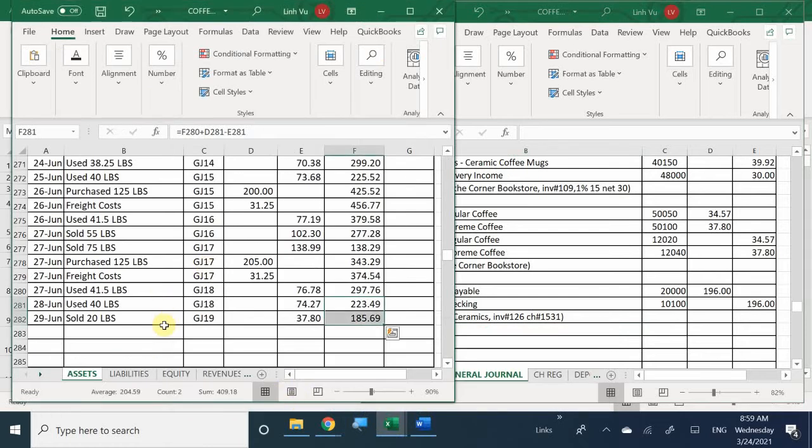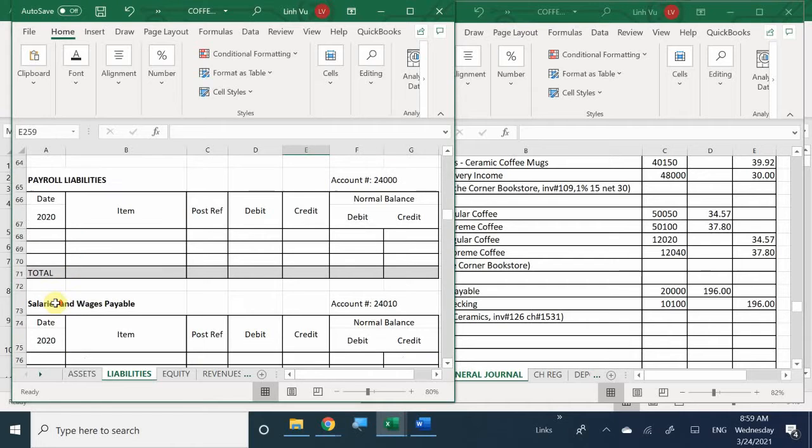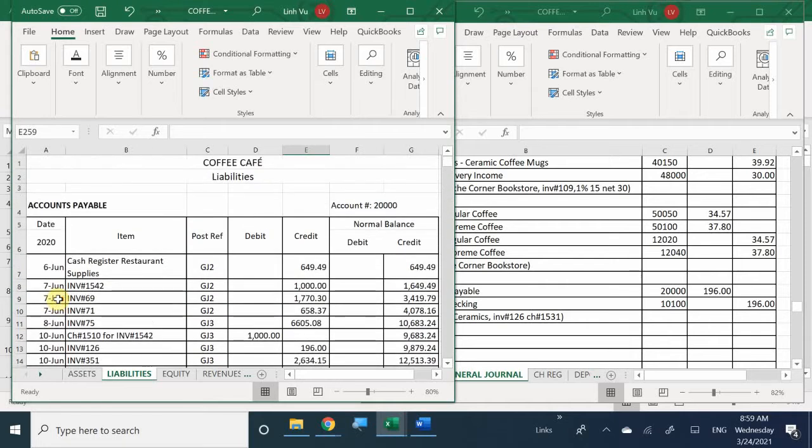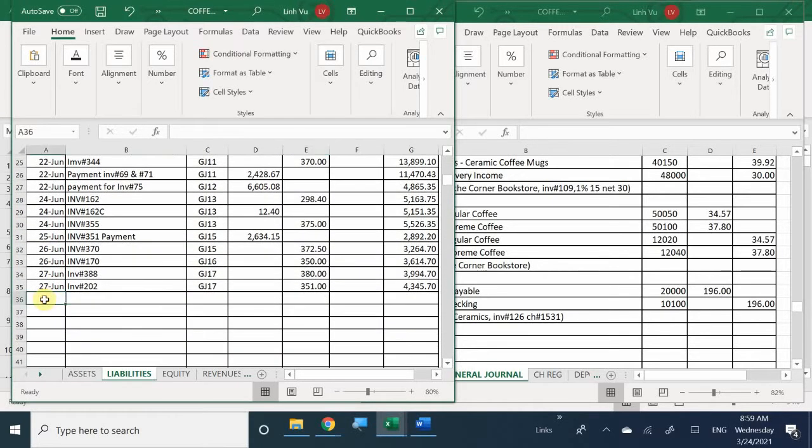So here our accounts payable is affected. So let's go ahead and go to our accounts payable. Here we are. It is the 28th. And this is invoice number 126, payment.